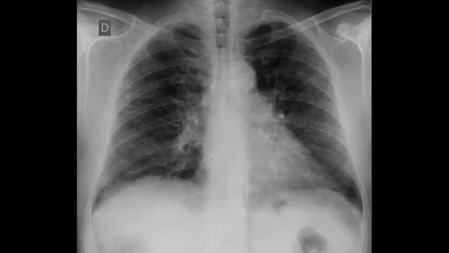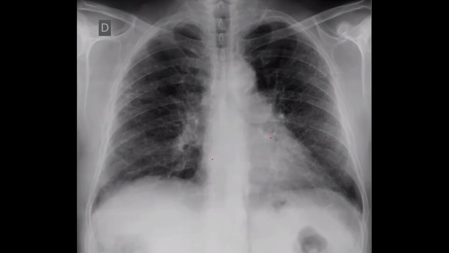Very nice. I cannot definitely see any reticular prominence. Subtle reticular thickening is seen in the lower lobes, in both lower lobes.